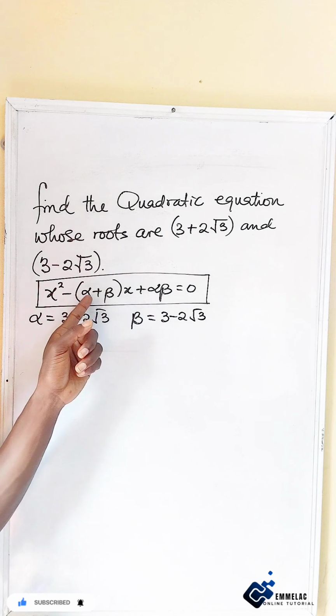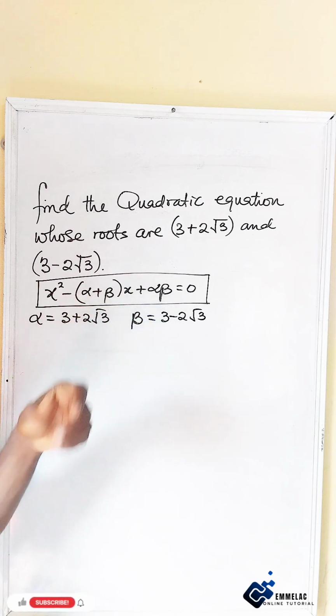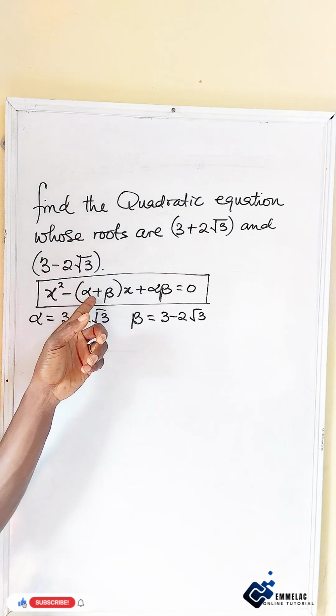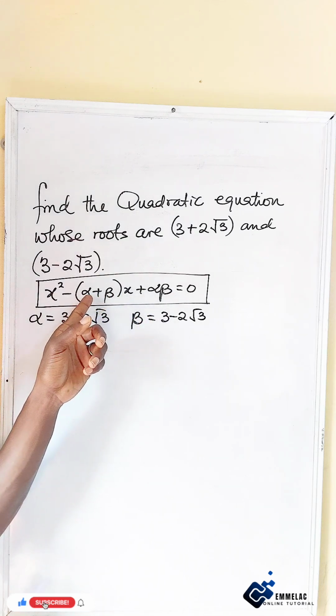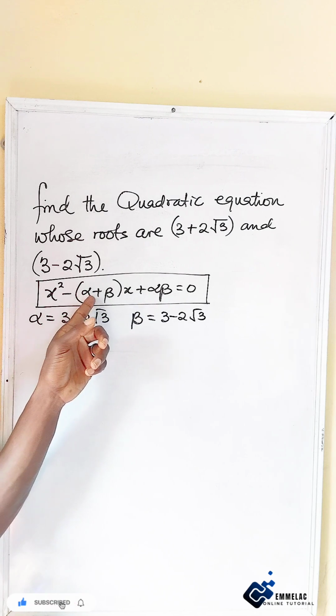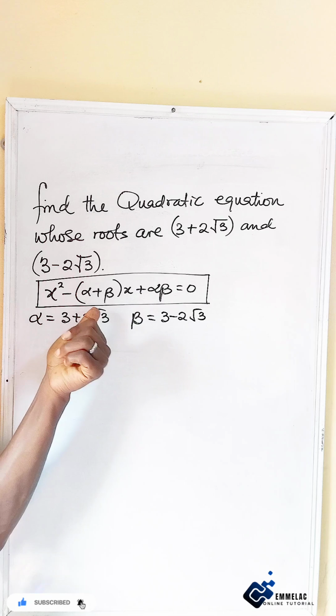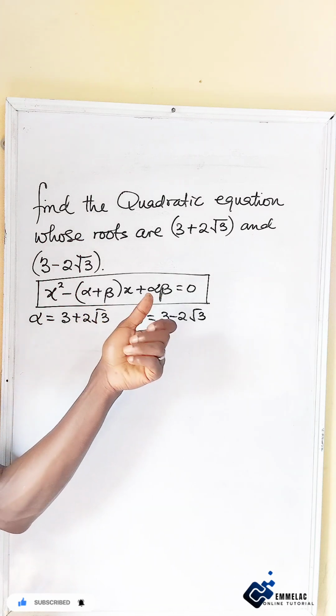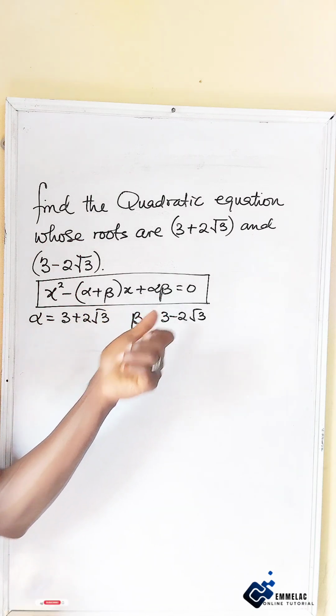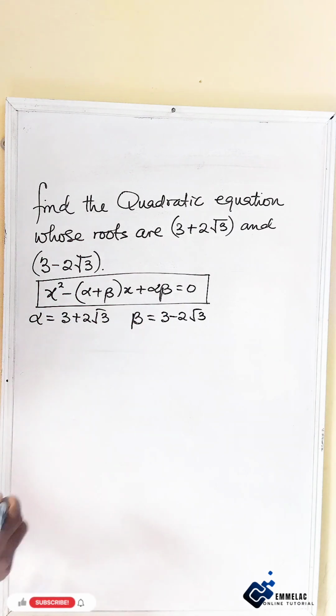After finding the sum and the product, we will plug in the values and replace alpha plus beta with the value of the sum and alpha beta with the value of the product. Now let's get started.